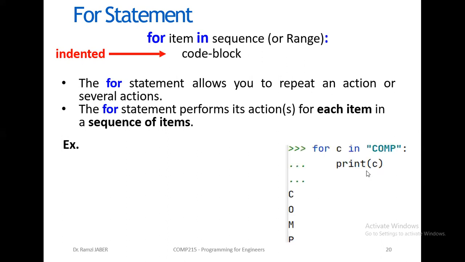If I write for C, where this is a variable called C, for C in this word "comp" between quotation marks, so it's a string, it's characters.